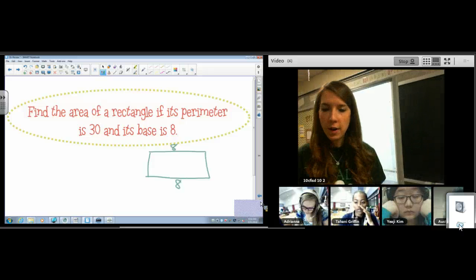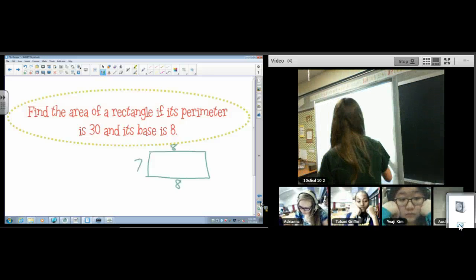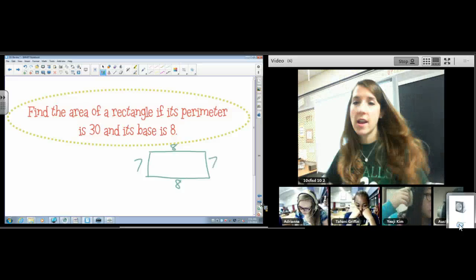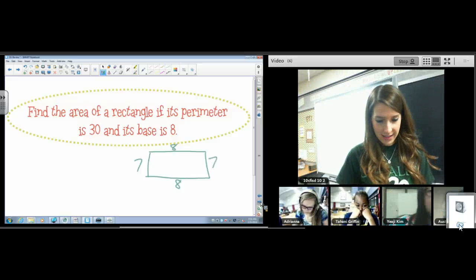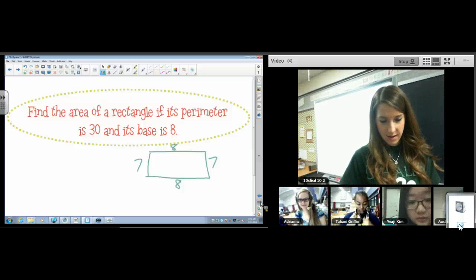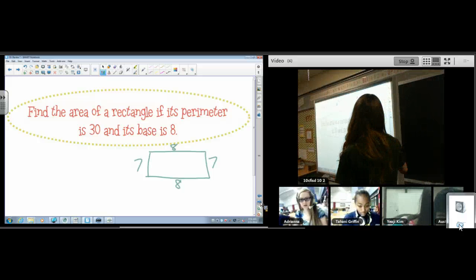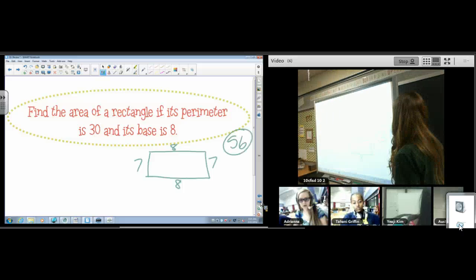So you do 30 minus 16 divided by 2, and you find out that that's the other side. And the area of a rectangle is base times height. Good. Good, there we go, you fixed it. All right, 56 was the answer to that one. Let's keep going.